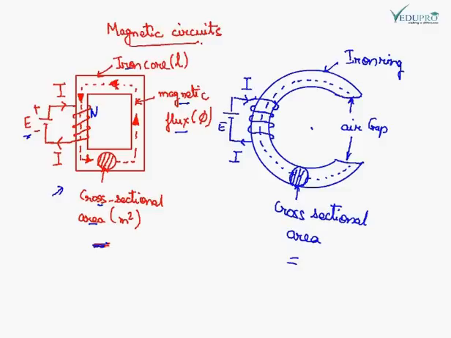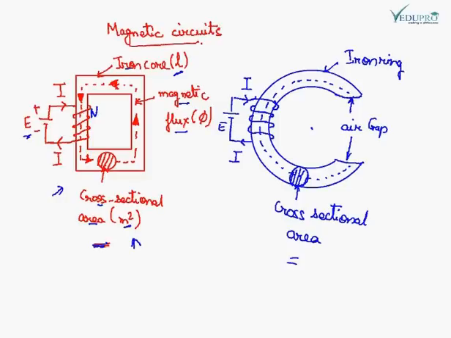The circuit here consists of an iron core of cross sectional area m square, and the mean length of the core is L. This is L and the area is m square.